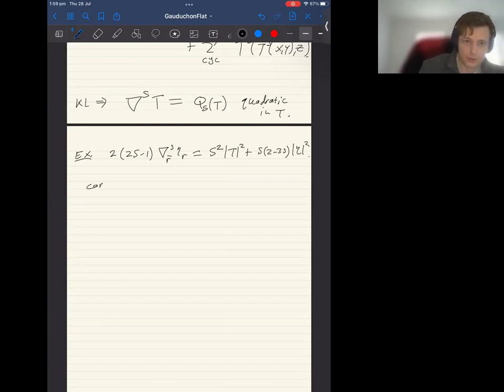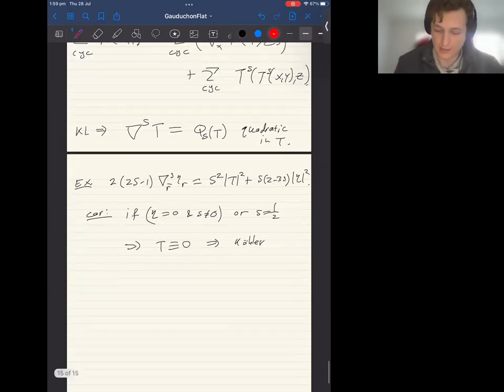So this is an important example, which I deliberately told you about, because if, say, eta was 0 and s was not equal to 0, or say s was a half, then this would mean that the torsion must vanish identically, which would imply Taylor. So why is that, right?